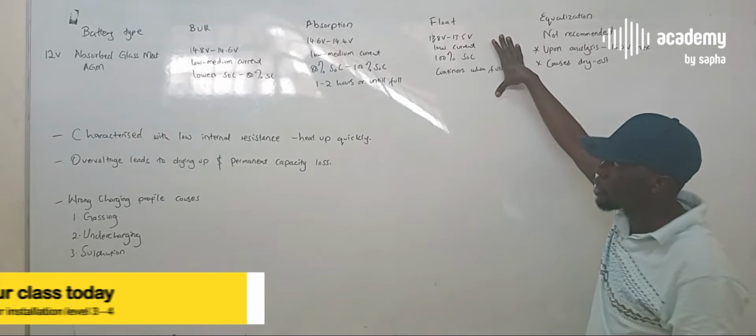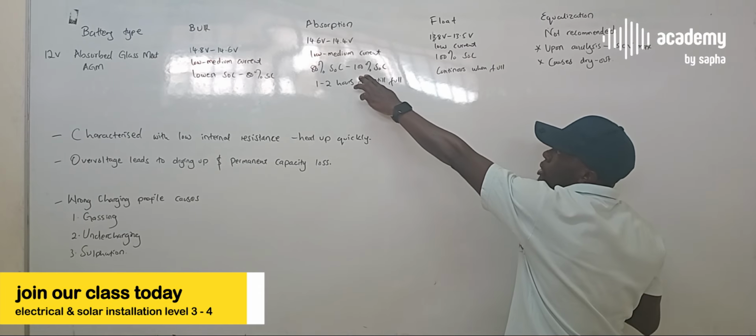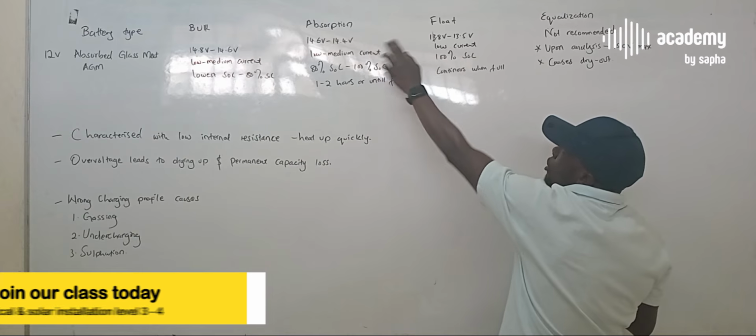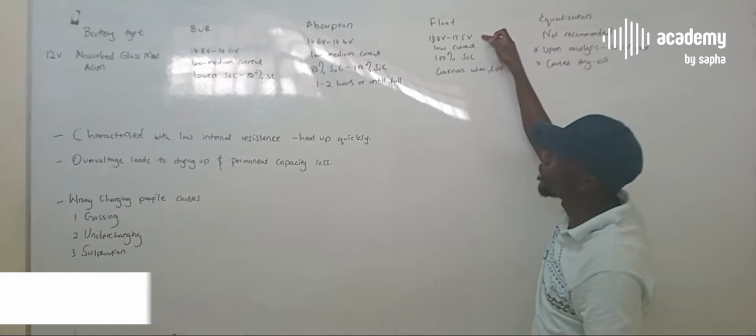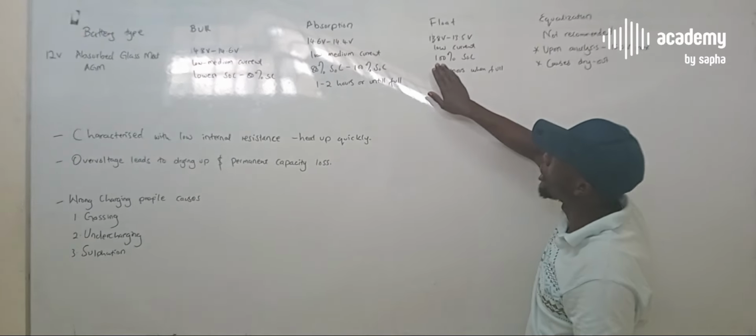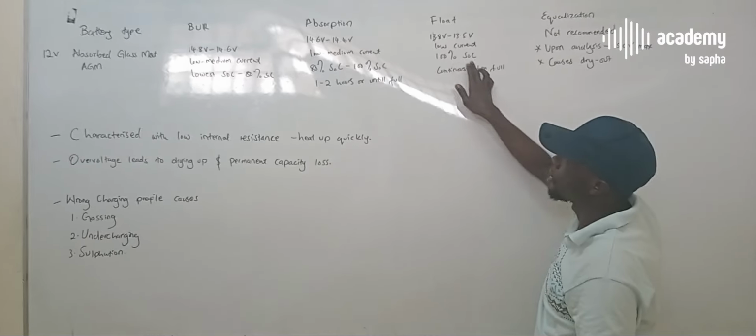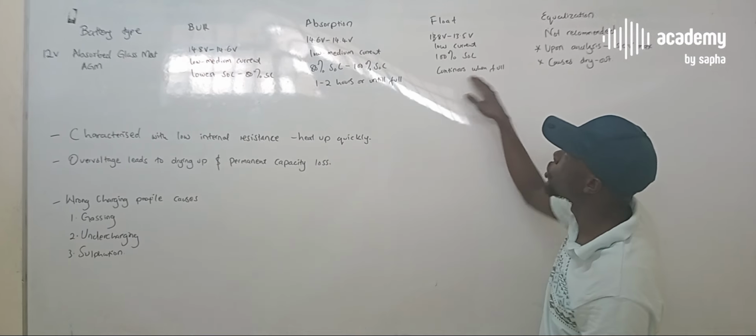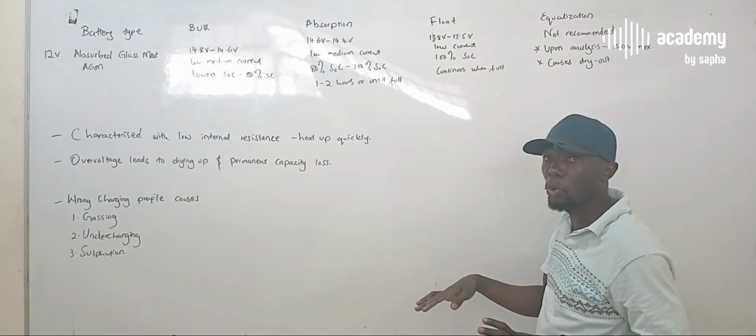For the float voltage, once the battery has hit 100% SOC, we lower the voltage again from 13.8 to 13.5. Then we go to the lowest current and maintain our battery at 100% SOC. This can be continuous as long as the battery is full.